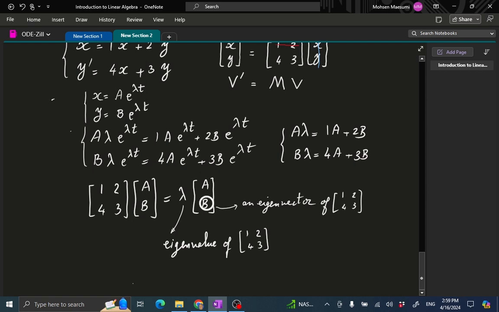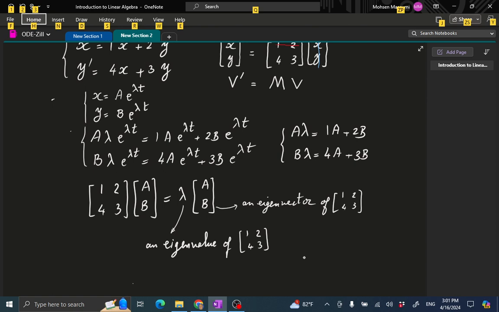Each eigenvector goes with a certain eigenvalue, so they pair to each other. This is an eigenvalue of the matrix, this is an eigenvector of the matrix, and these are like siblings of each other. Now we want to go ahead and find all these three things, a, b, and lambda.